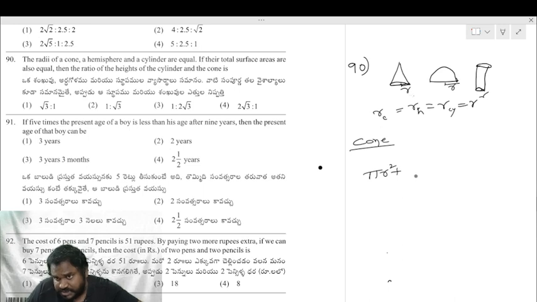Lateral surface area is this one, pi r l. And this is equal to hemisphere surface area. At the bottom it is pi r square, and the top portion is 2 pi r square. So in total it will become 3 pi r square.